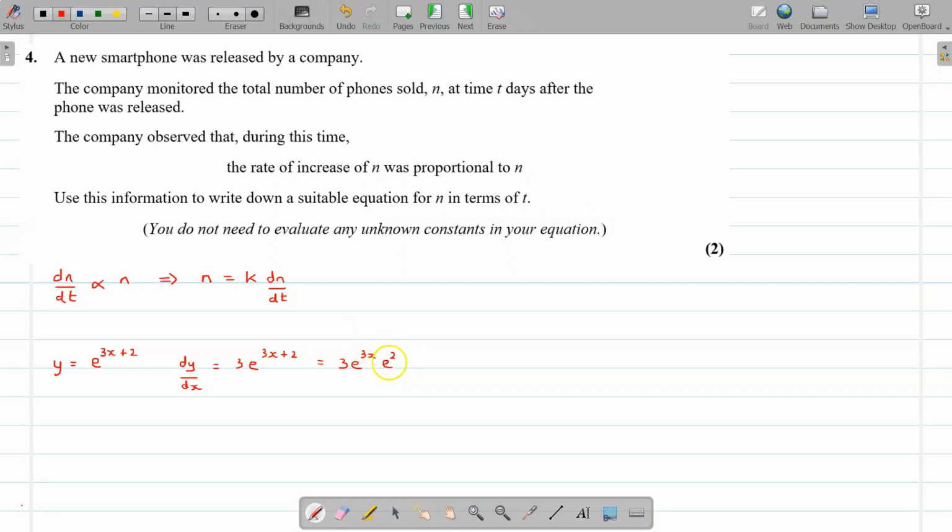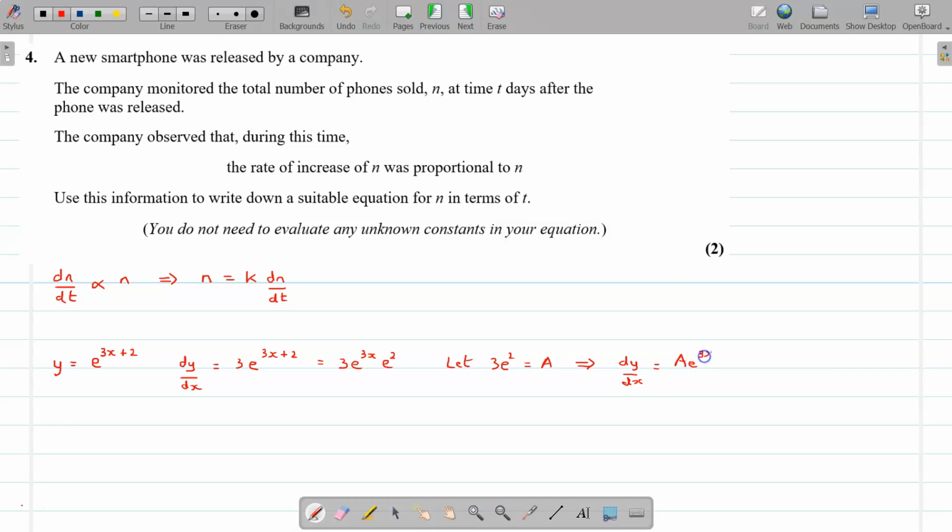Now e squared, 3e squared, could be some constant. Let's call it a. So if I said let 3e squared, because that's a number, you see, 3e squared equals a, then I would have that dy by dx is equal to, in this example, a e to the 3x, you see.